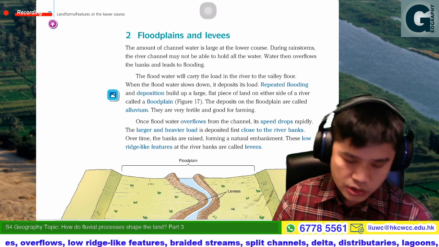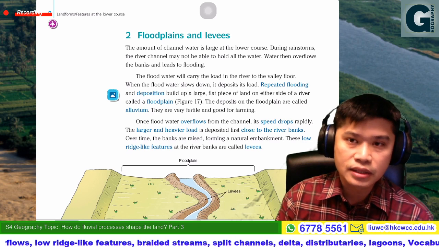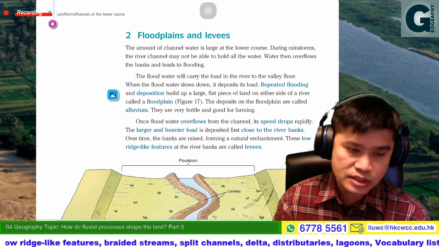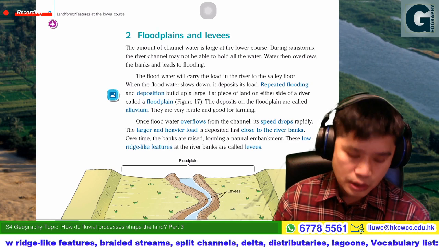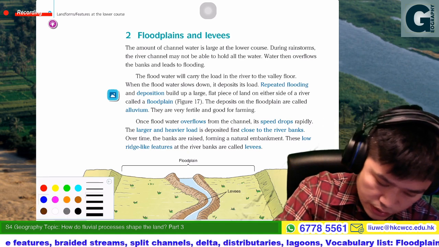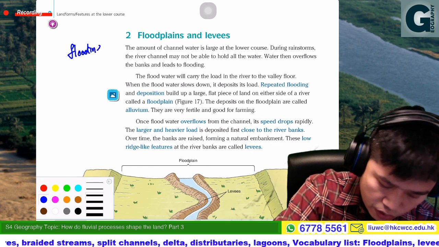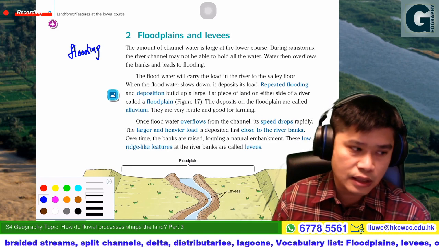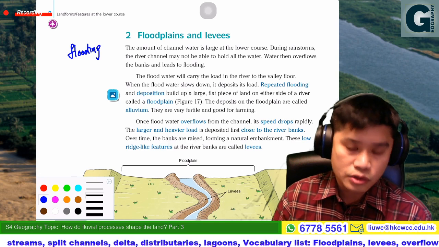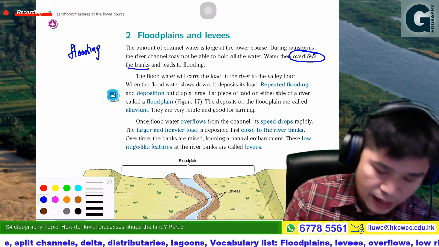For the floodplain, the amount of water in the lower course is usually large. Therefore, during the rainy season, flooding may occur easily. When the river channel is not able to hold all the water, river water will overflow the banks and lead to flooding.